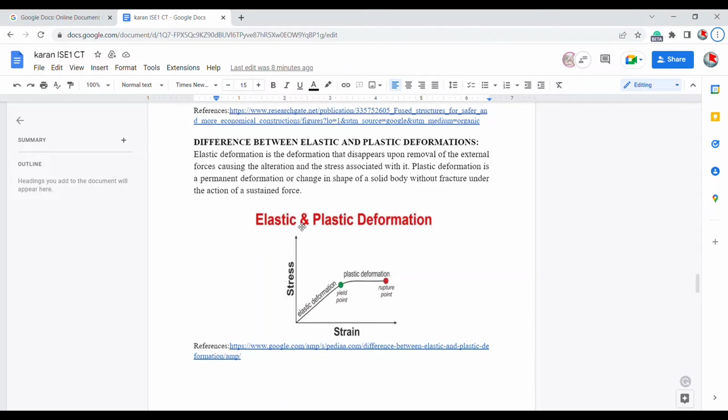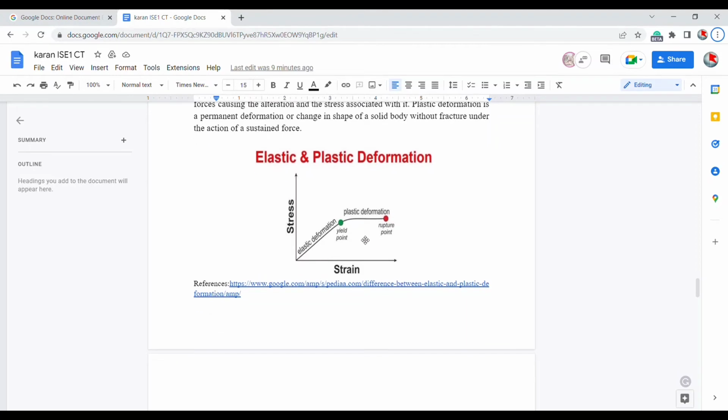This is the diagram of the difference between elastic and plastic deformation, in which the stress is in the x direction and strain is in the y direction. This is the elastic deformation, which is moving upwards, and the plastic deformation, which is still in this permanent position.